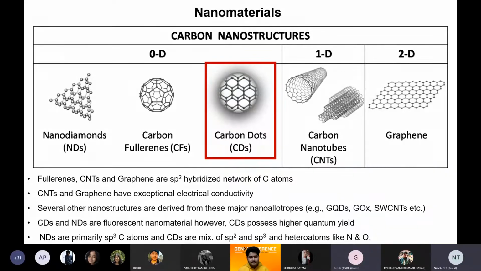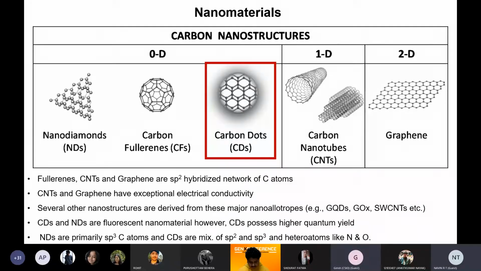For example, nitrogen, oxygen, and sulfur atoms are also present on the carbon dots. In nanodiamonds, the majority of carbons are arranged in sp3 hybridization, and they are also called diamondites. Diamond-like structures are there in the core of the nanodiamonds.